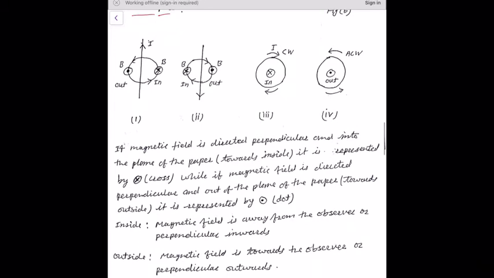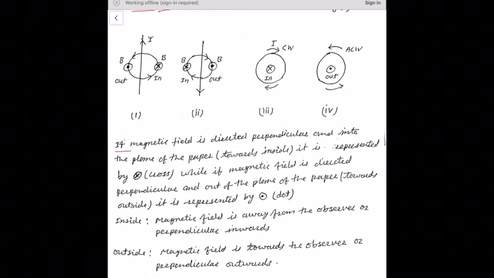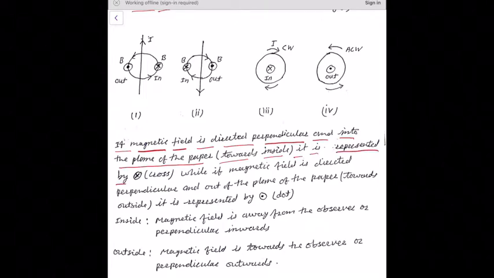Next, if magnetic field is directed perpendicular and into the plane of the paper, means towards inside, it is represented by a cross.